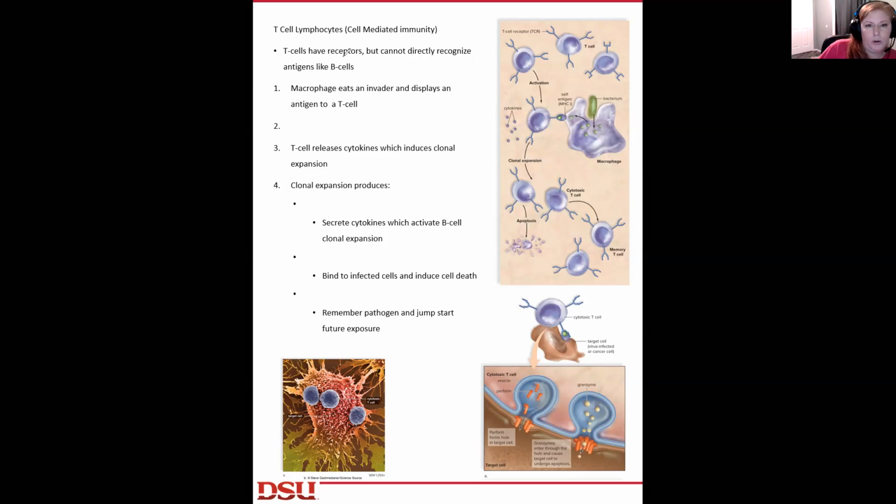All right, so T cell lymphocytes, unlike B cells, are part of cell-mediated immunity. What that means is they are circulating in the blood, they can remember past infections, and they can destroy invaders.